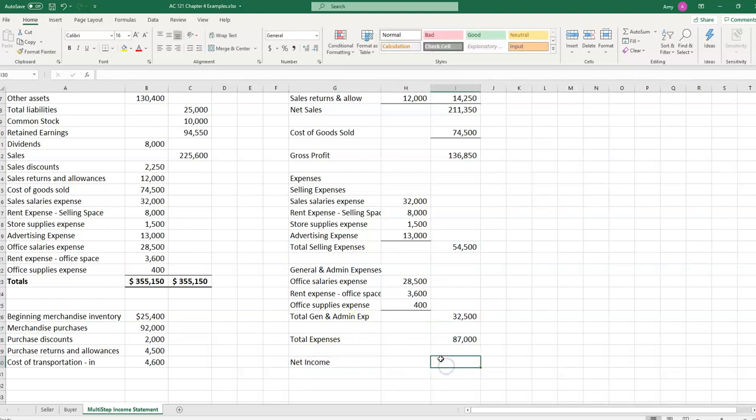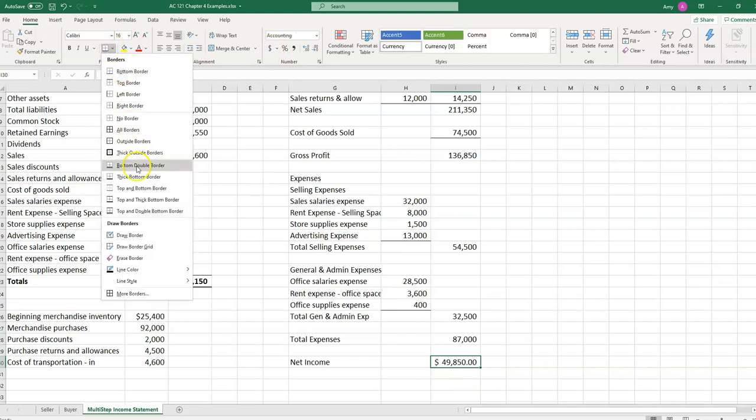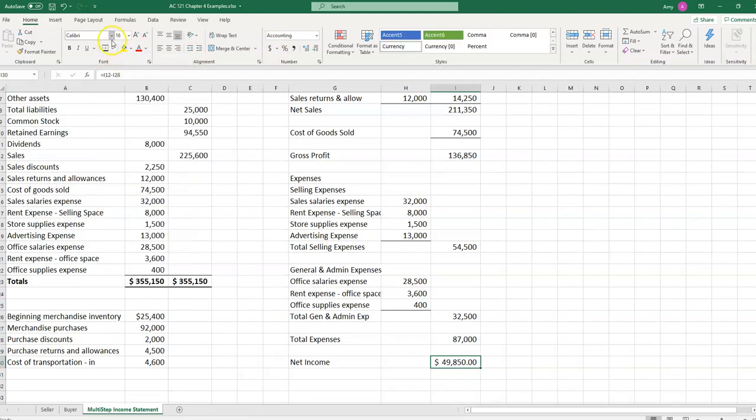Gross profit minus total expenses equals our net income. And that is a multi-step income statement.